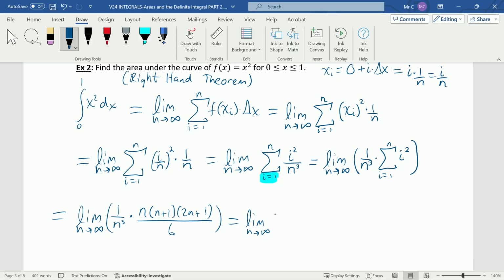Okay, so now we got to do a bunch of multiplication here. n times n plus 1, n squared plus n. And then in the bottom we get 6n cubed.